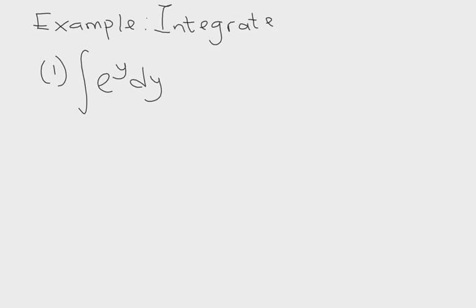So do the following. Integrate: 1. The integral of e power y dy. Okay, e power y dy is going to be e power y plus c. Just know that this is a variable. It can be x, it can be y, it can be any other letter.